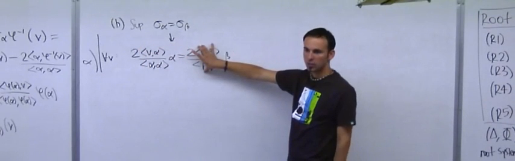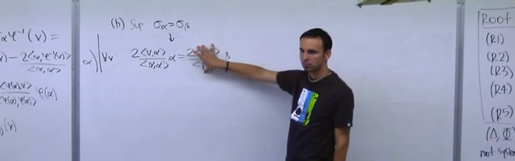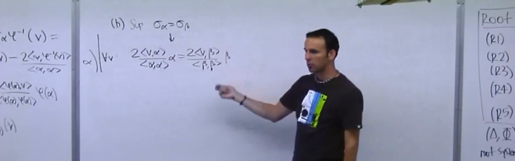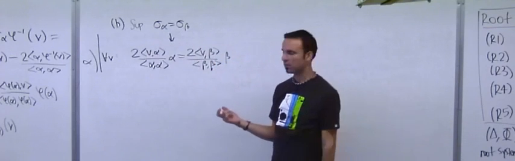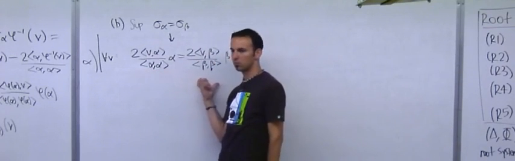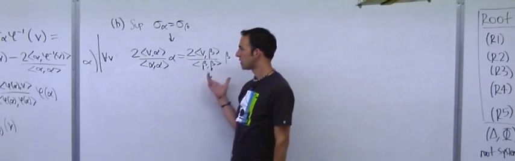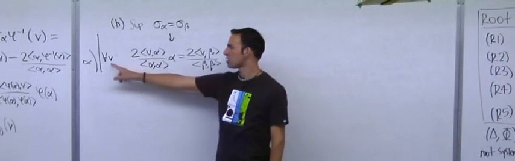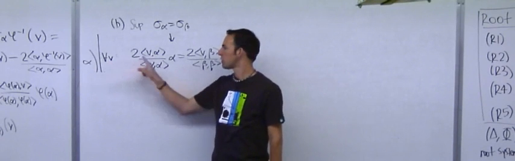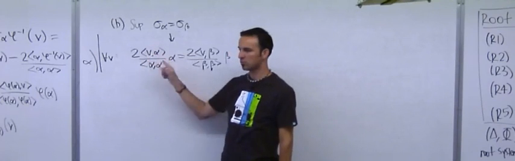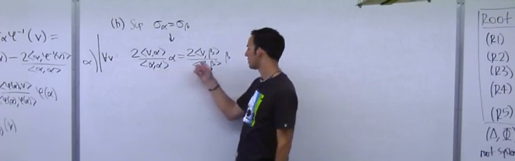Okay? I'm trying to prove that alpha is a multiple of beta. I get that a number times alpha is equal to a number times beta. So the only thing that I could be missing is that maybe these numbers are always 0. But is that possible? It's not, because this is true for any v. So I could just pick any value of v to make sure that this is not 0. And then I'm going to get that alpha is equal to some multiple of beta.